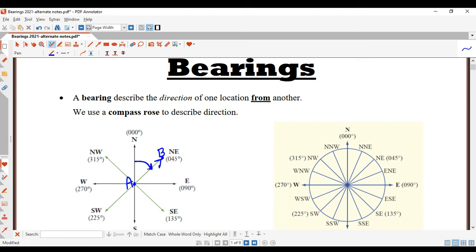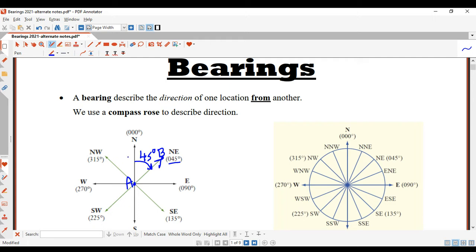That angle in this diagram is 45 degrees, but the way we write a bearing is with 3 digits. So we'd write down 045 degrees. Just to recap, the direction of B from where you're standing at A is northeast or 045 degrees.